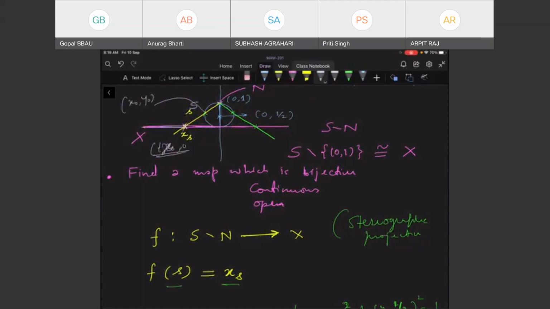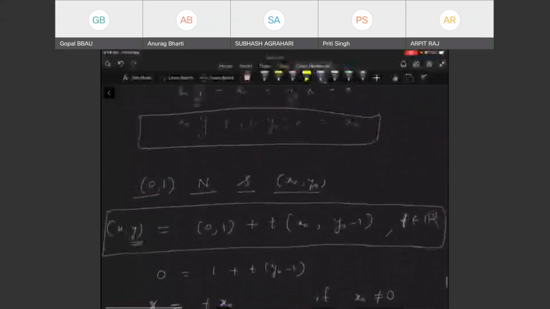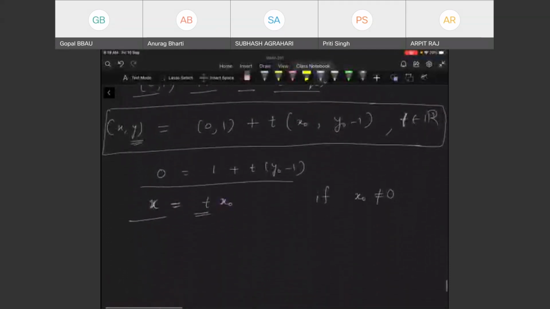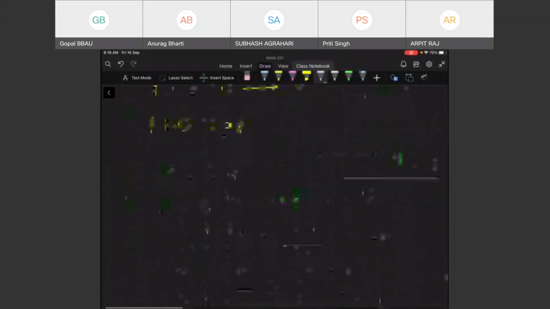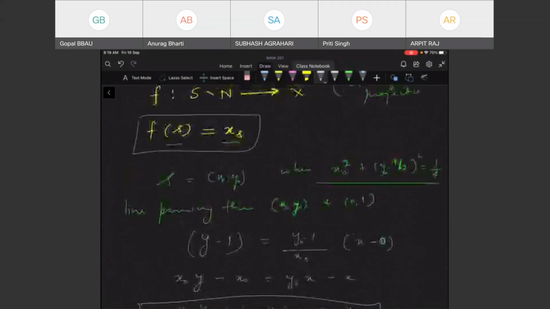This is what we found here, but we have to find t. t comes from here. So t is 1 upon (1 minus y0). So you get the exact formula for this f.